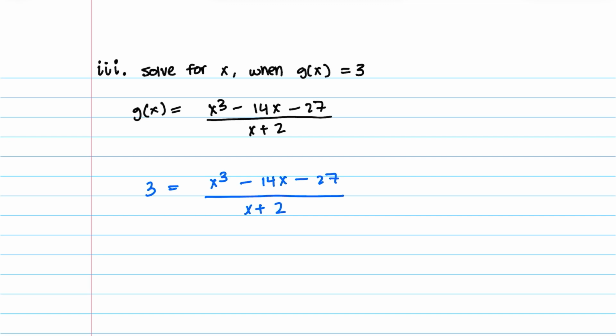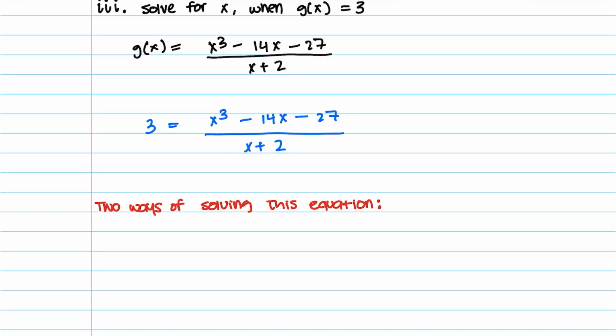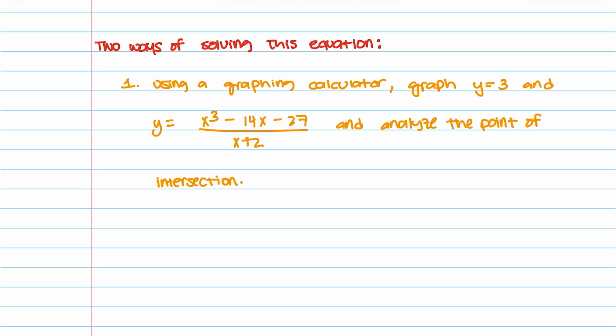Now, for this question, there are actually two ways of solving this equation. The first way is to use a graphing calculator, and we can graph y is equal to 3 and y is equal to x to the power of 3 minus 14x minus 27, all divided by x plus 2, and analyze the points of intersection.